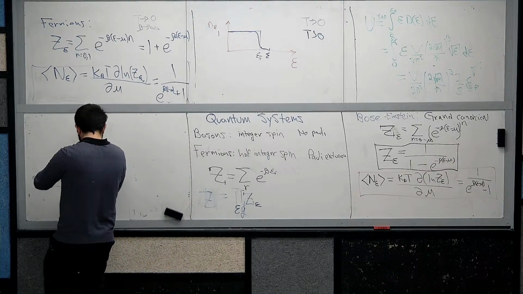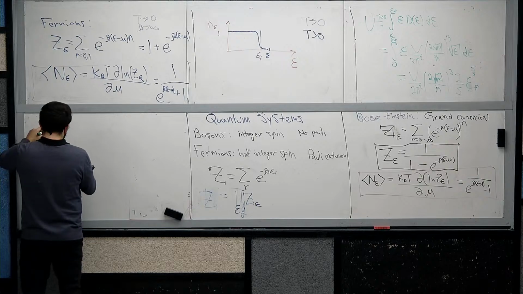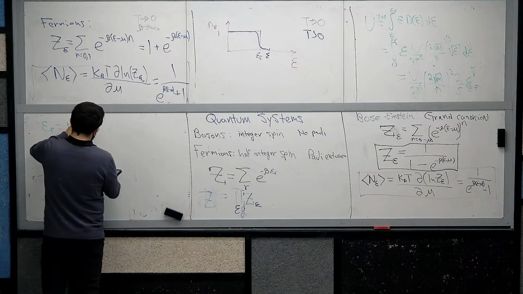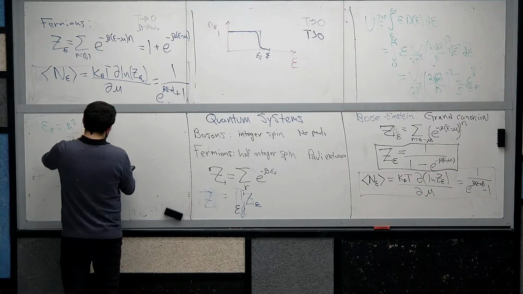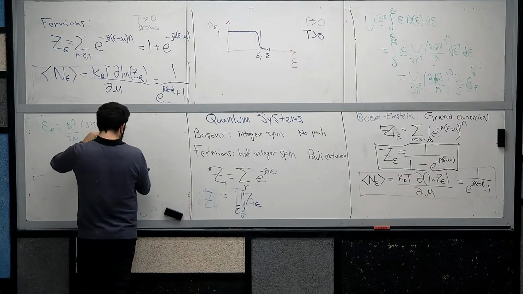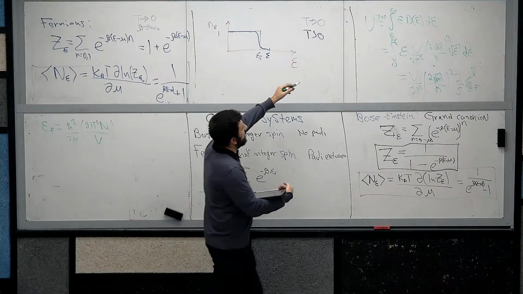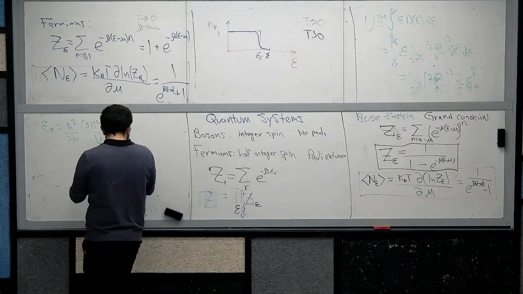So let me just tell you the result for the Fermi level energy. It will be h bar squared over 2m. Instead of putting here energy, we just put the number of particles and we will have the same average.